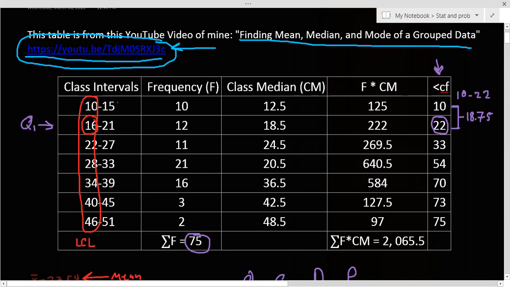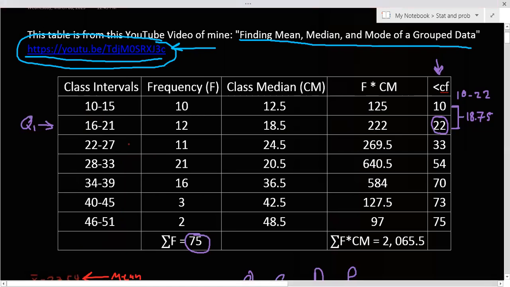Then, on the other hand, yung pinakadulong number, kada class interval, yun tinatawag natin na upper class limit. So ulitin ko, yung mga numbers na nagsisimula sa kada class interval, lower class limits ang tawag natin sa kanila. Pero kapag nasa dulo na sila, katulad dito, 15, 21, 27, nasa upper class limits. Okay? So yun lang, for more information.